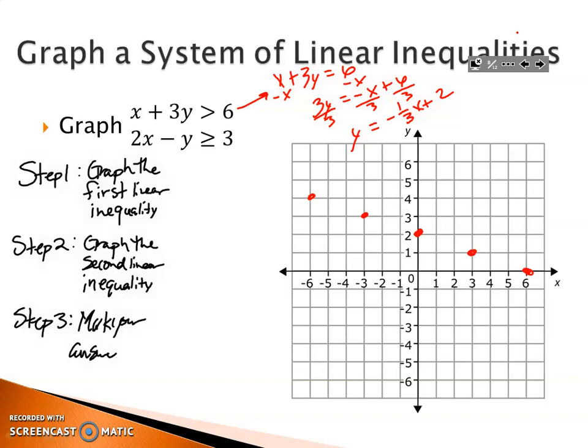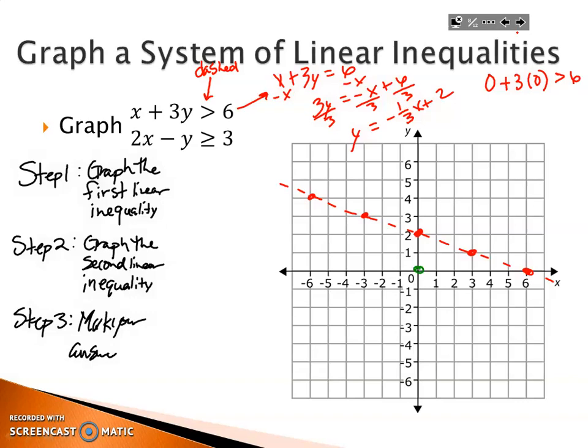Am I going to have a dashed line or a solid line? I'm going to have a dashed line for this one. Okay. What would be the perfect test point to use for this? 0, 0 is always perfect. Okay, so when I do my test point, I'm going to plug it back into the original. So it's 0 plus 3 times 0 greater than 6.